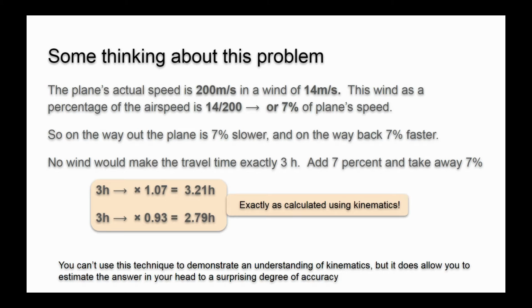I added 7% to the 3 hours and I took away 7%, which is 93%. So ballparking it, I can say my answer is going to be plus or minus 7% of an equal time, and it actually gives me the answer using my old noodle and thinking.